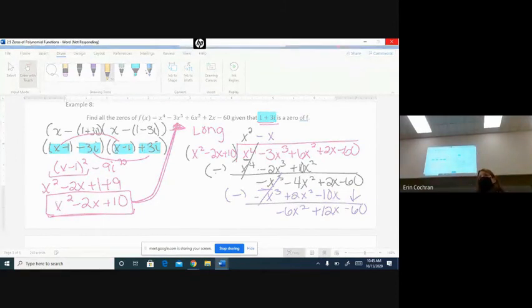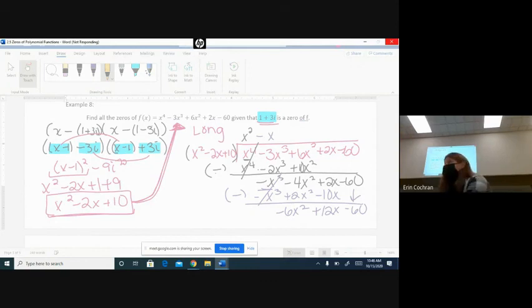So what is x squared minus x minus 6? How does that factor? X plus 2 and x minus 3. So what are my two real solutions? Negative 2 and positive 3, okay? Any questions with that?